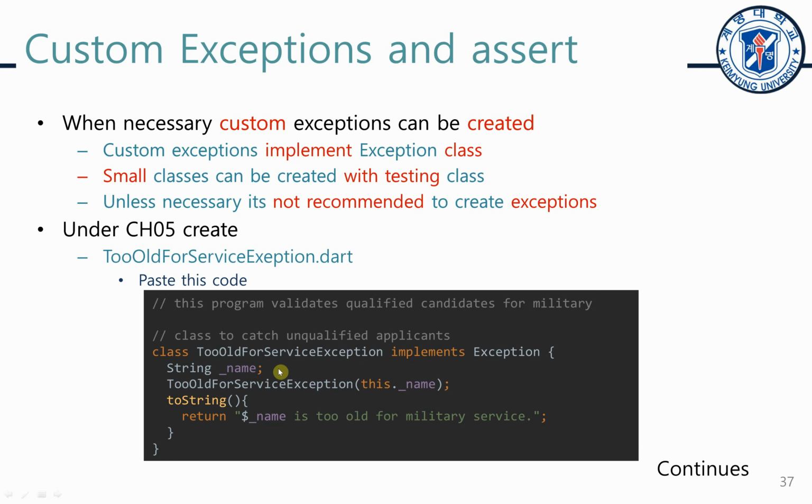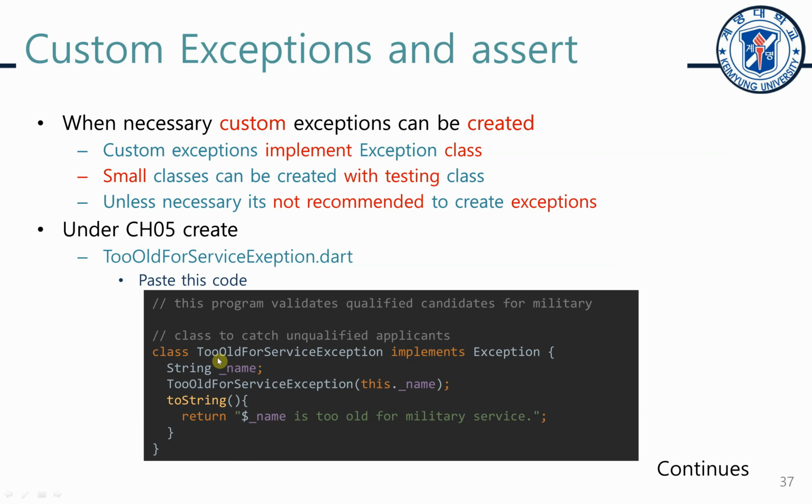You can see that the exceptions we already used, like integer division by 0, are created as classes by other programs. So we can say class TooOldForServiceException, and it implements Exception. When you create an exception, you always implement the exception class. Then what do we want?